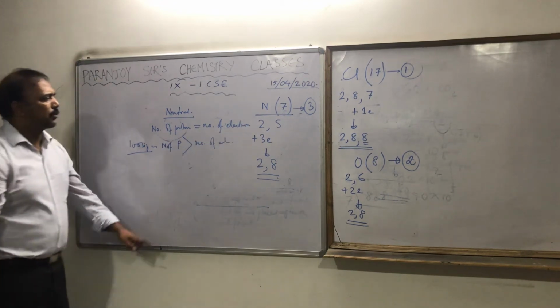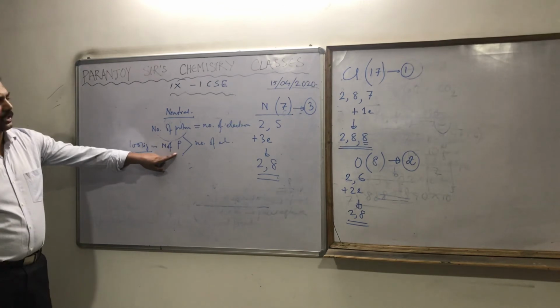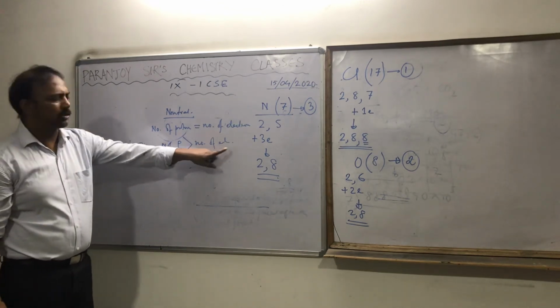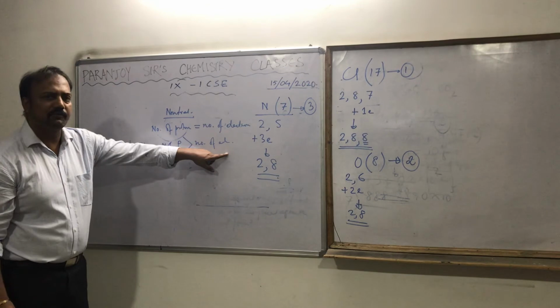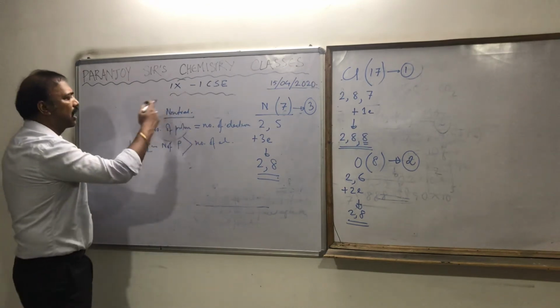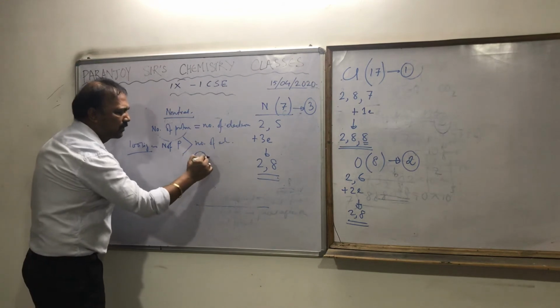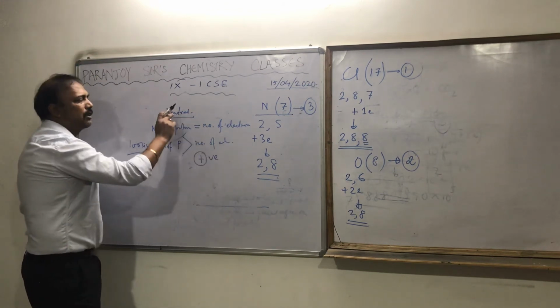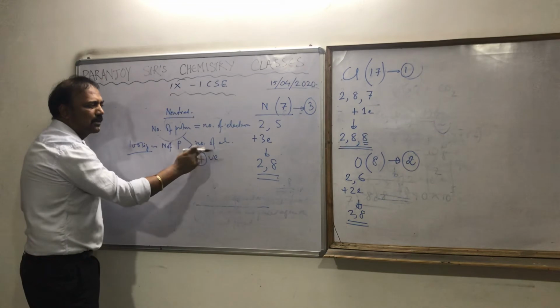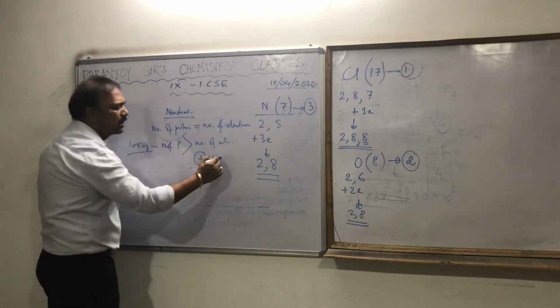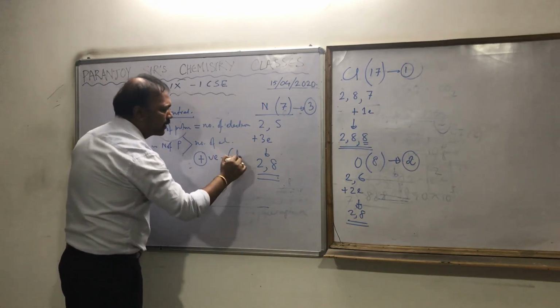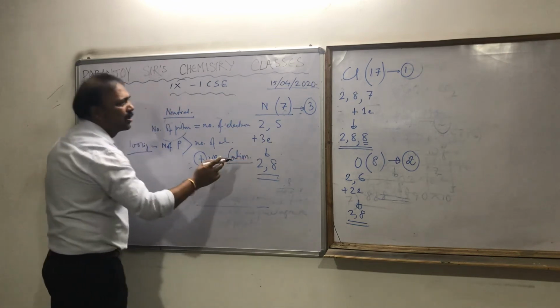What is the charge of the proton? The charge of the proton is positive. Charge of the electron is negative. So the positive charge is becoming greater than negative charge. So what will be the total charge of the species? The total charge of the species will be positive. If the species become neutral to positive, that particular species is called cation. We call it cation. Okay. So what we saw?